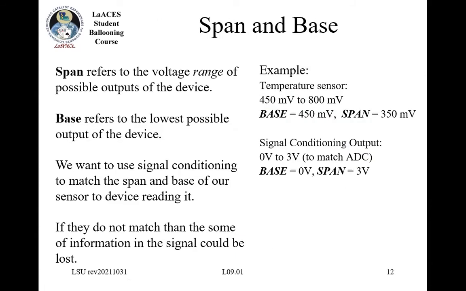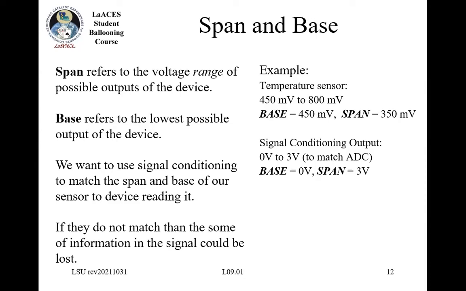So again, we want to introduce some terms here. We will often talk about the span and the base of a signal. In this case, I'm mainly going to be talking about voltage signals, because that's what we're going to deal with more commonly, but you could apply these terms to other things. So the span is just the range of possible outputs.